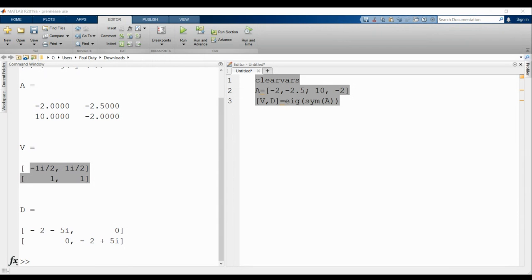And instead of 1/2 i and 1, I'll have i and 2. Any multiple of an eigenvector is automatically an eigenvector. Are there any questions on that? Okay, then let's get back to the problem at hand.